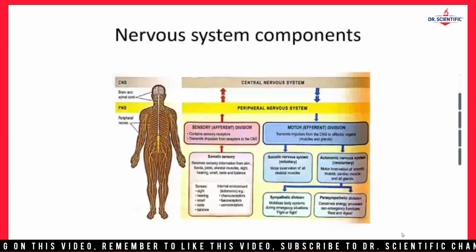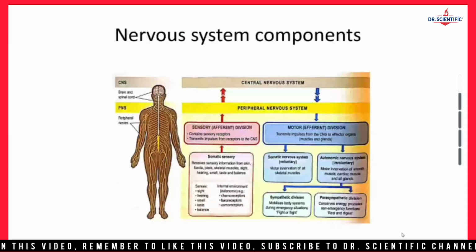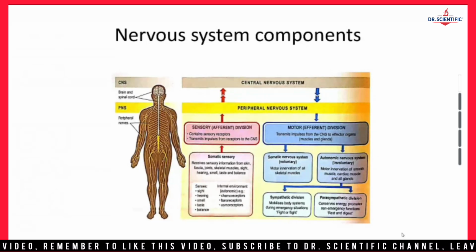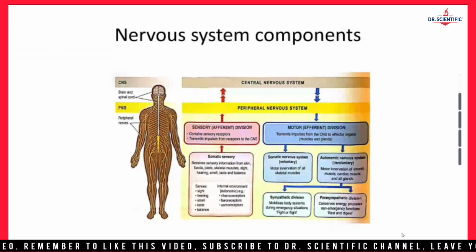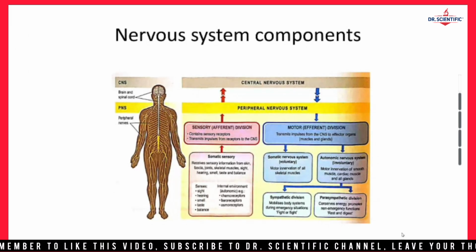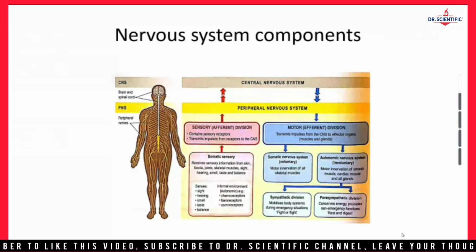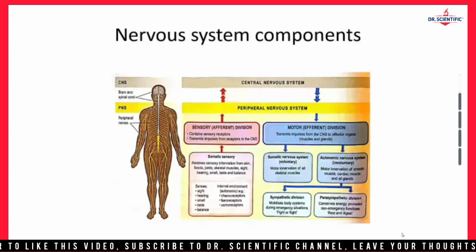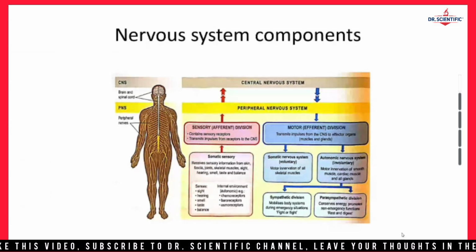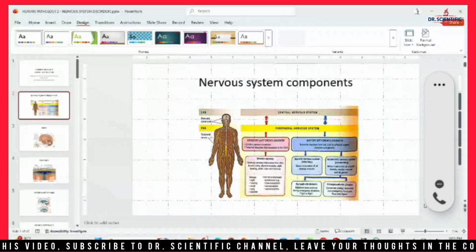Of course, in the nervous system you can also have a functional classification, where you have the somatic nervous system, which mainly controls the voluntary part, mostly motor innervation of all skeletal muscles. And then we have the autonomic nervous system, which mainly innervates the involuntary part.